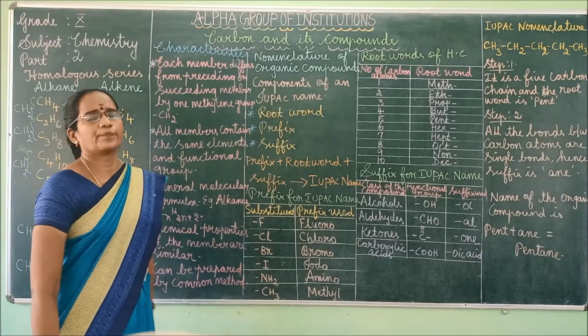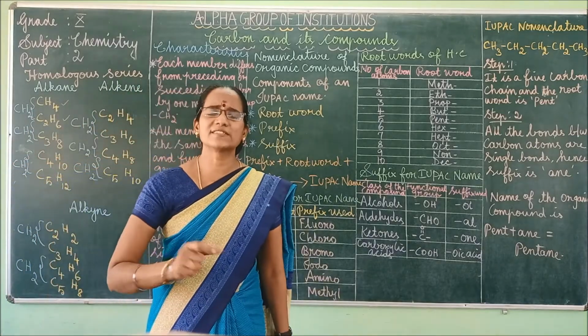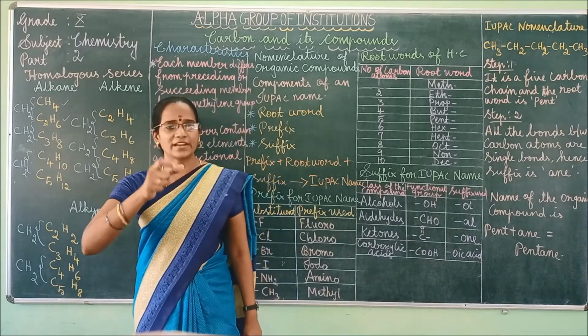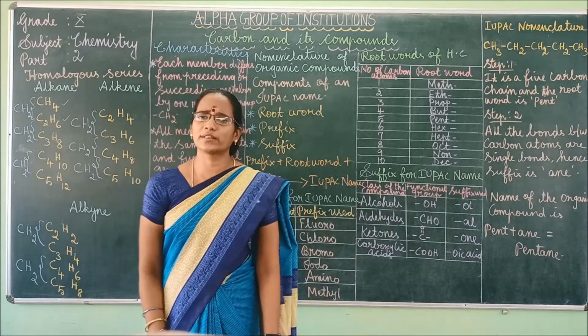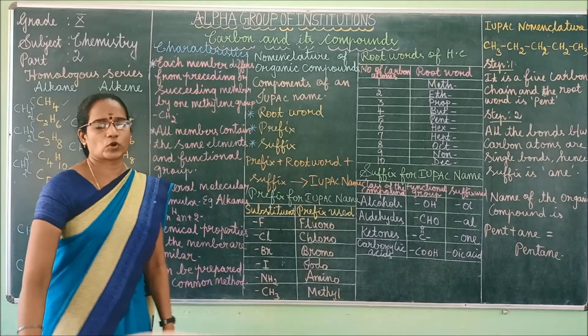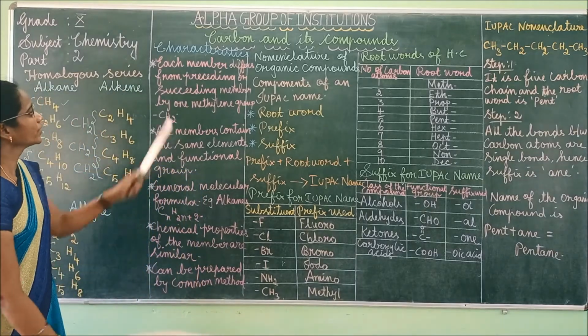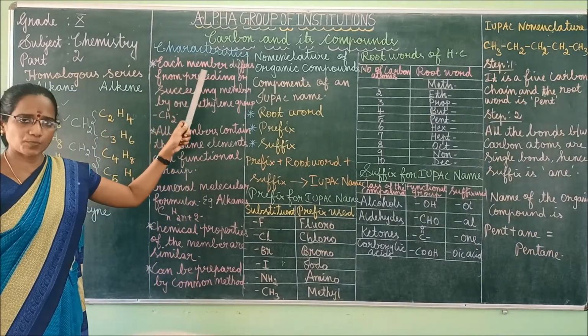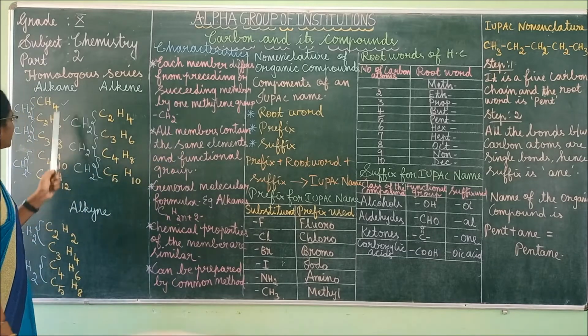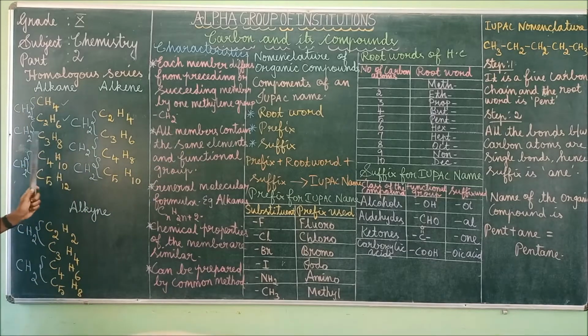Got it? Okay. Homologous series have some specific general characteristics. What are the general properties of homologous series? Let me see now. First one, each member. Members are methane, ethane, propane, butane, pentane.